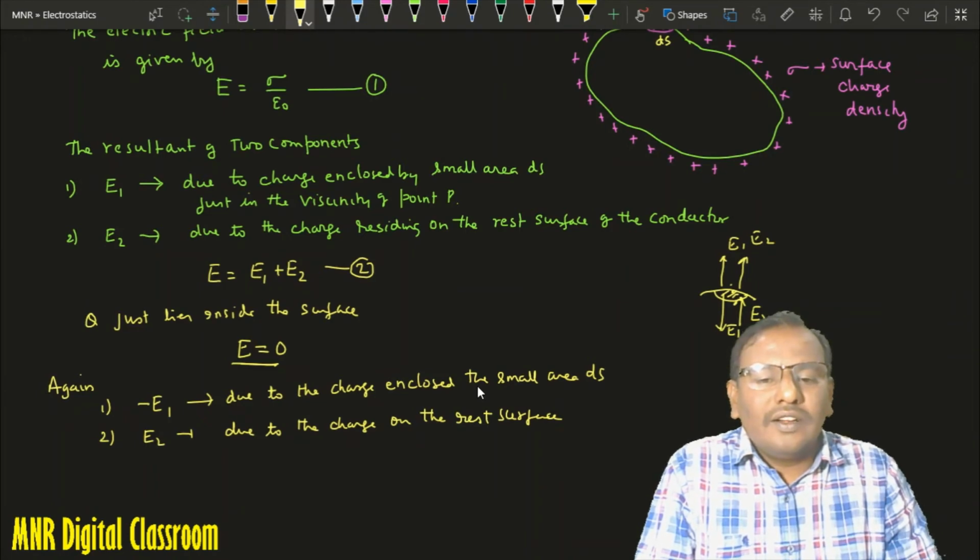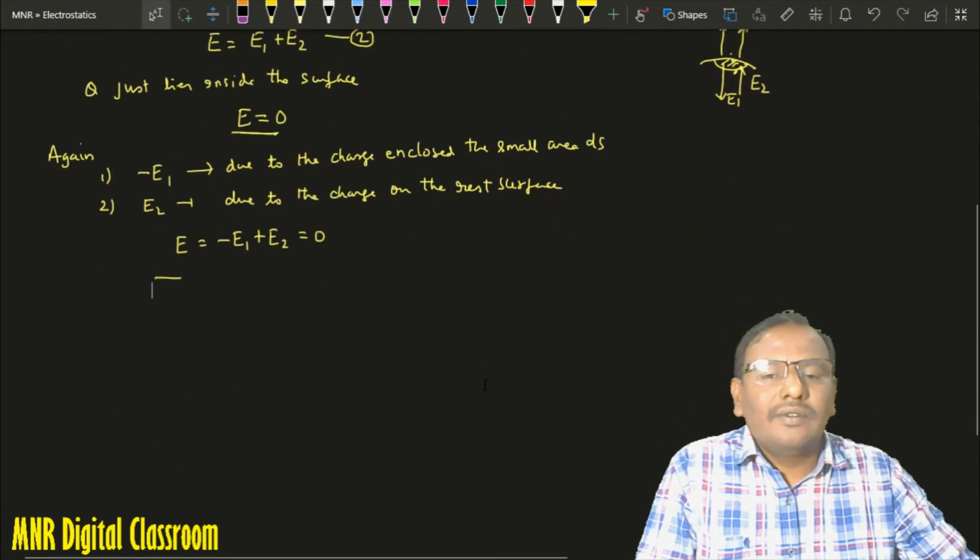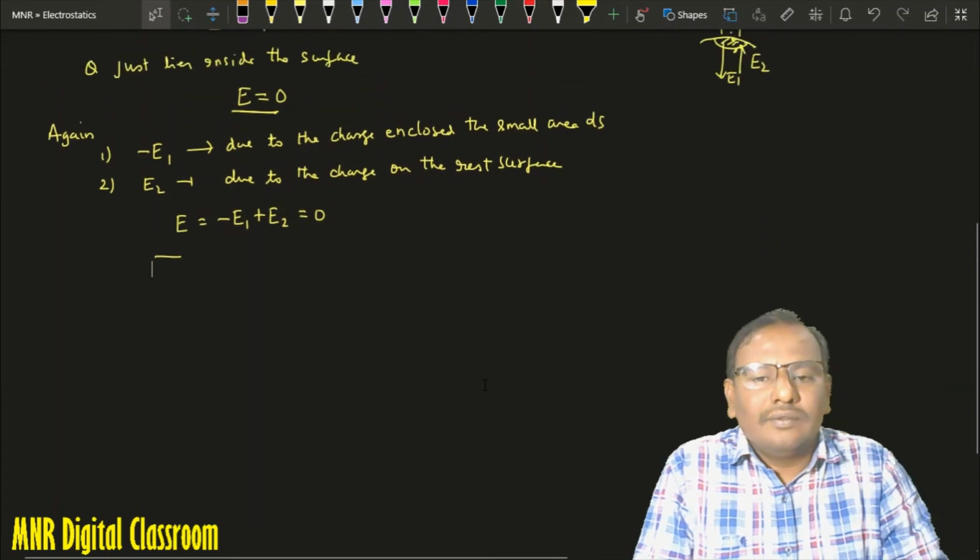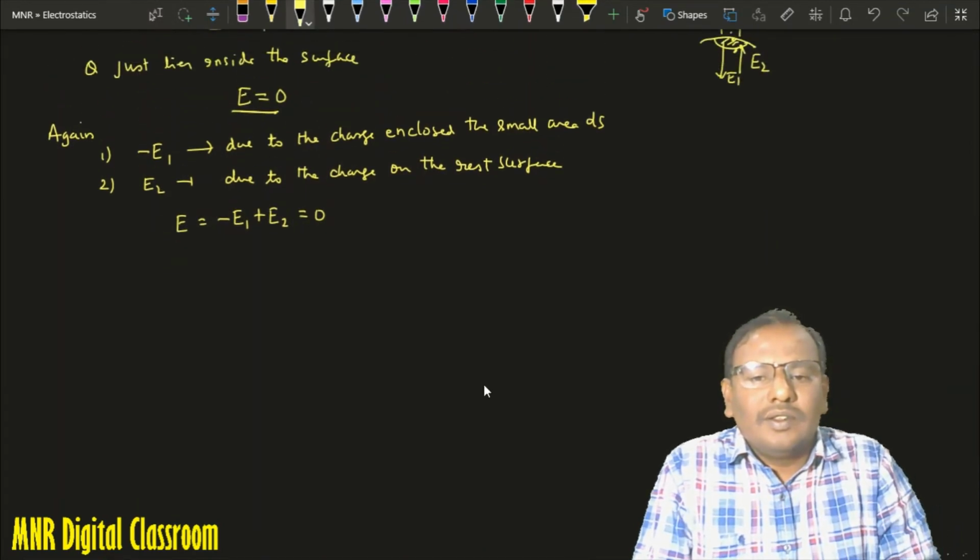So the resultant field E is equal to minus E1 plus E2, which is equal to 0. This implies E1 is equal to E2. Call this equation 3.